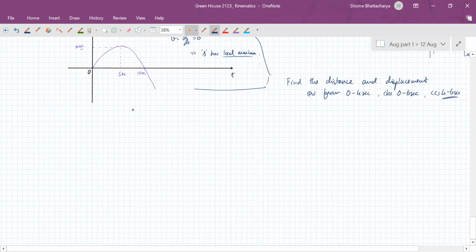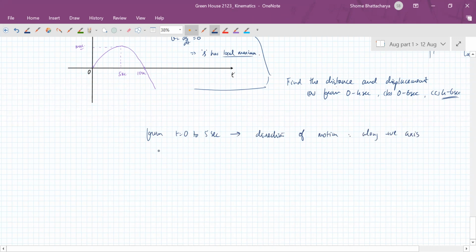Okay, so from this we can understand one thing, that from t equal to 0 to 5 seconds, the direction of motion is along the positive axis.